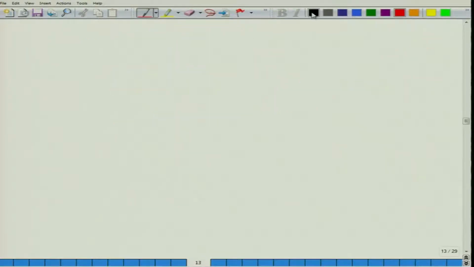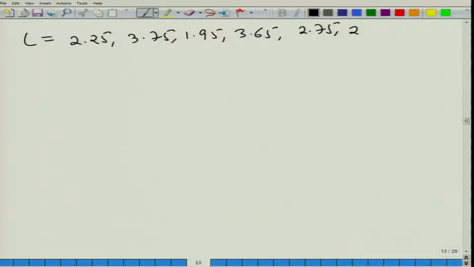So, now coming to the problem, we have L is given as 2.25, 3.75, 1.95, 3.65, 2.75, 2.9, 3.1, 3.45, 3.6 and 2.85.